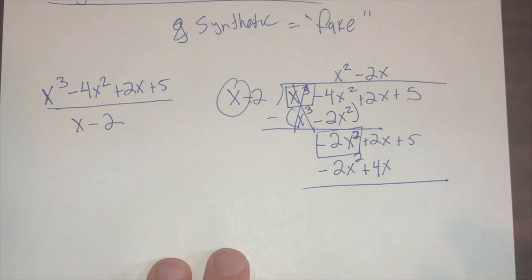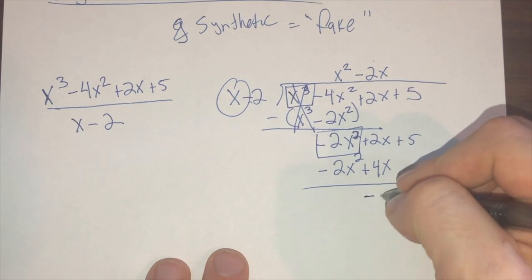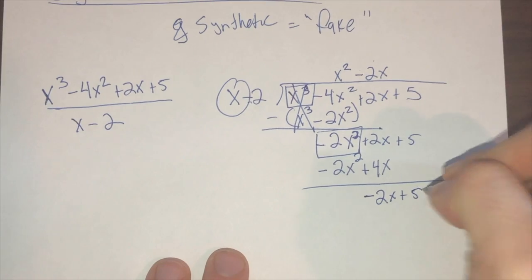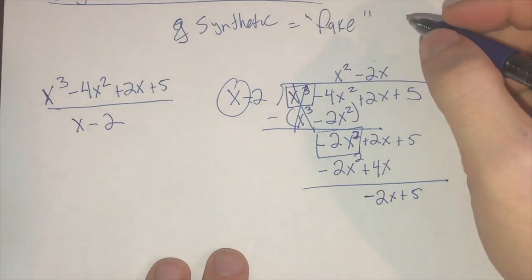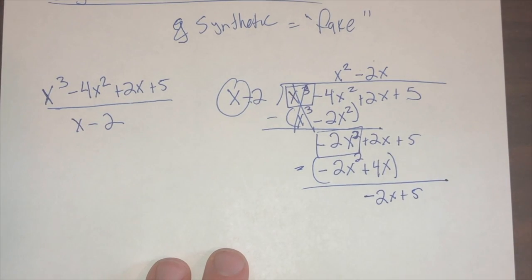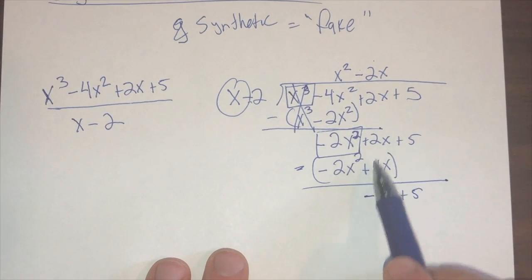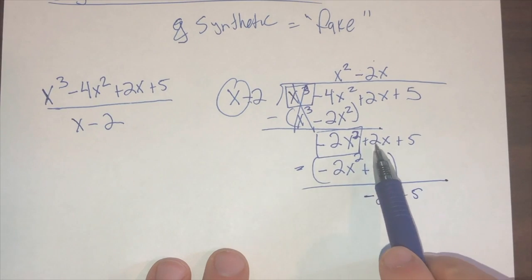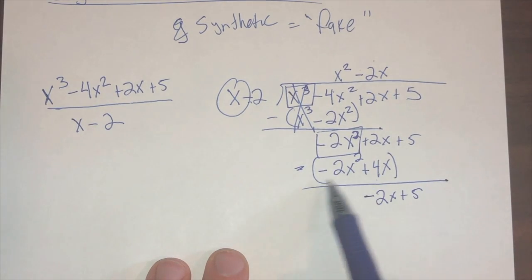Bring things down. And then lastly, don't forget to do your subtraction, because that sometimes prevents those weird sign errors. You might have thought, wait a minute, am I adding? But actually I'm subtracting, because I'm subtracting all of this.